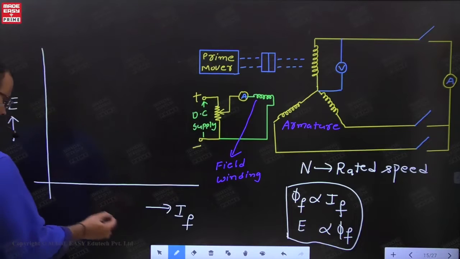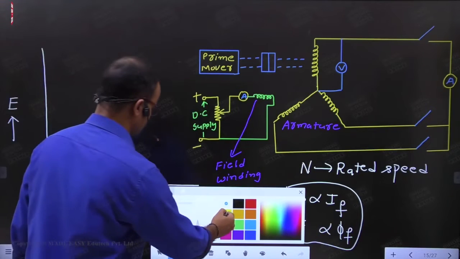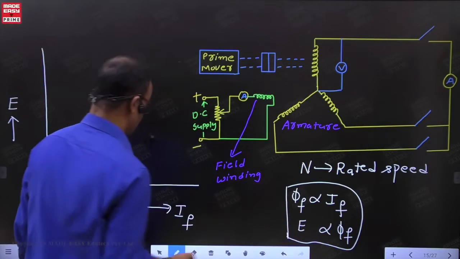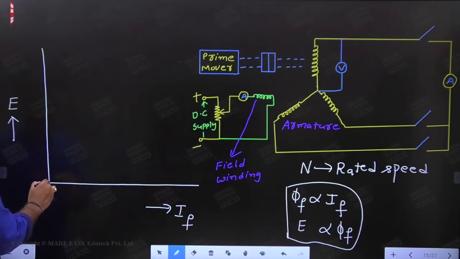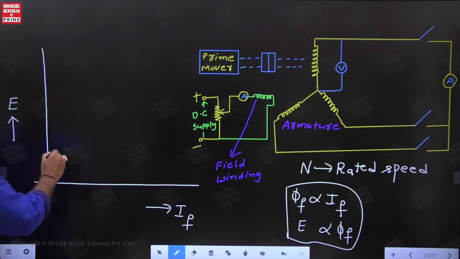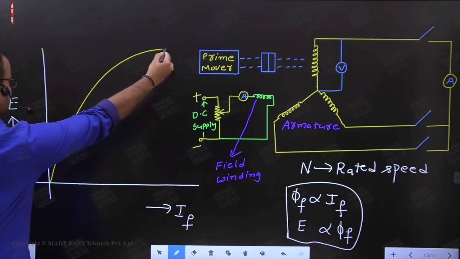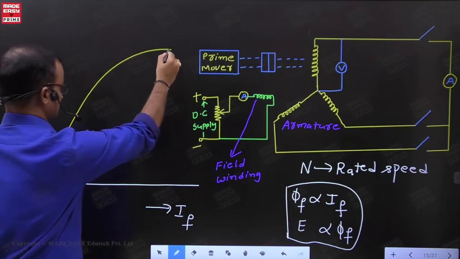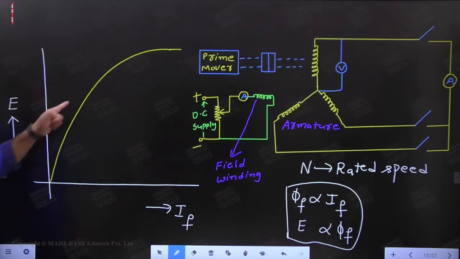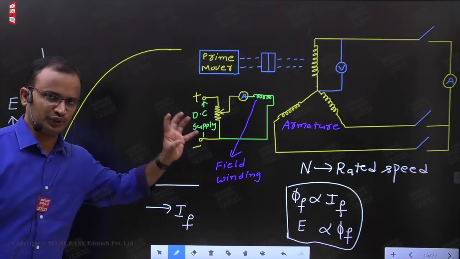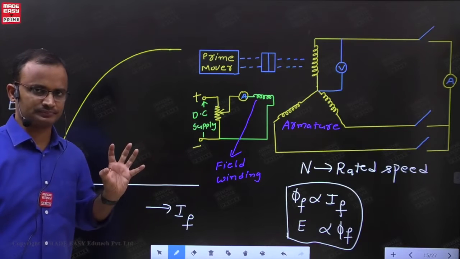Now, in this example, with respect to field current, the induced voltage goes on increasing, but only up to a certain limit. Here it increases linearly only up to a certain limit, because the magnetic core itself has some saturation.